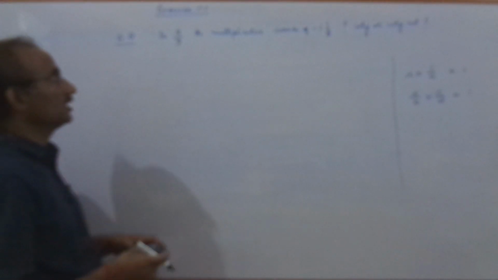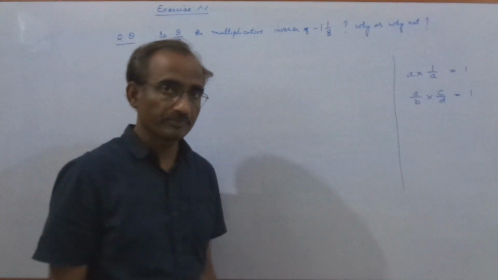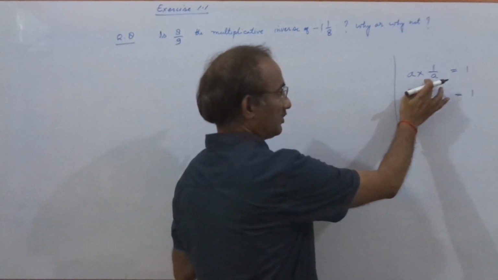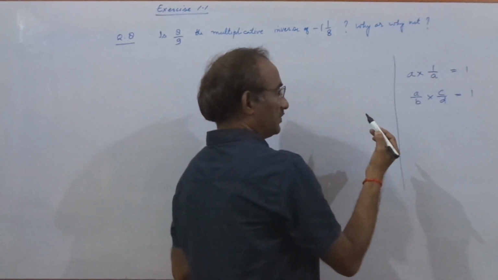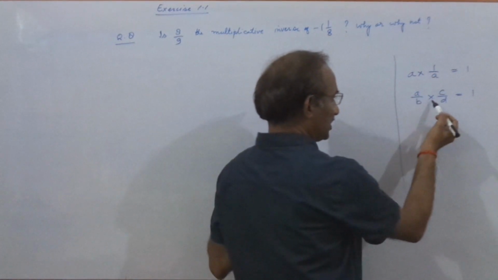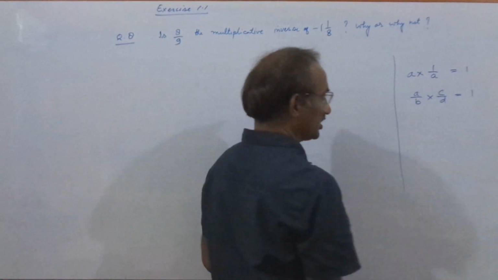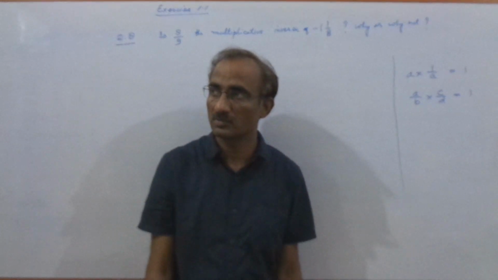Question 8. Is 8 upon 9 the multiplicative inverse of minus 1 whole 1 by 8 or not? If 1 upon a is multiplicative inverse of a, then the product of a with 1 upon a is equal to 1. And if the product of a upon b with c upon d is equal to 1, then we call that c upon d is the multiplicative inverse of a upon b.